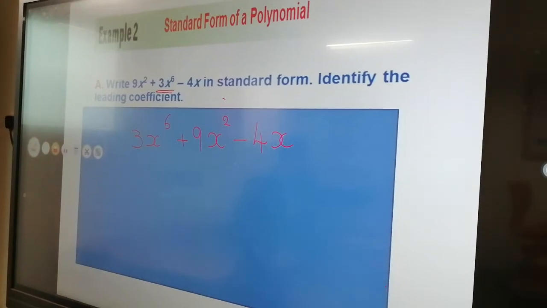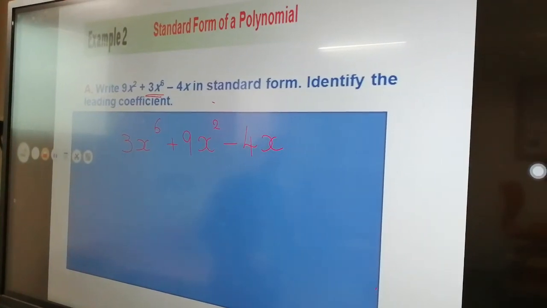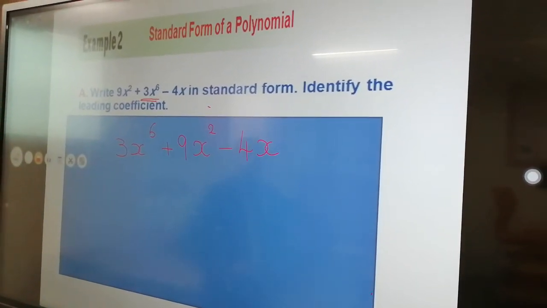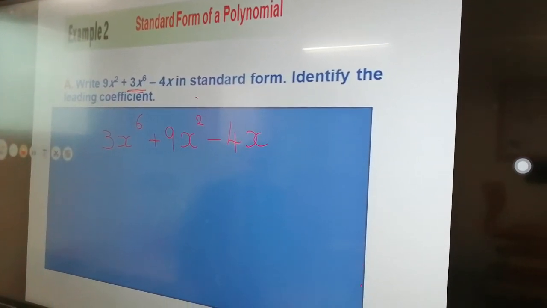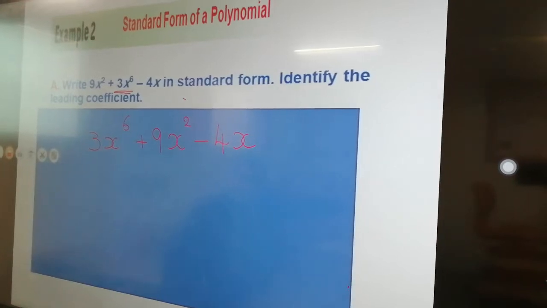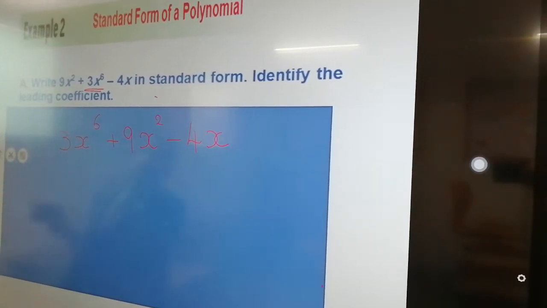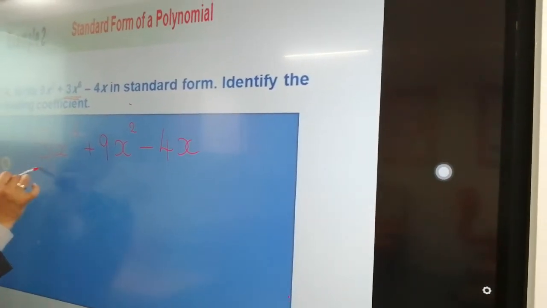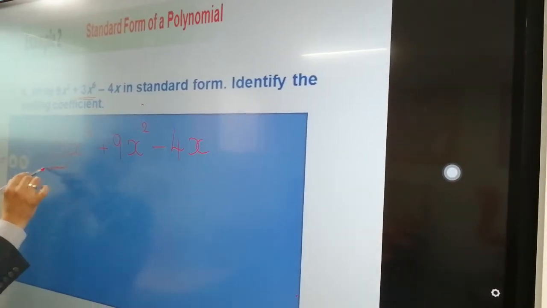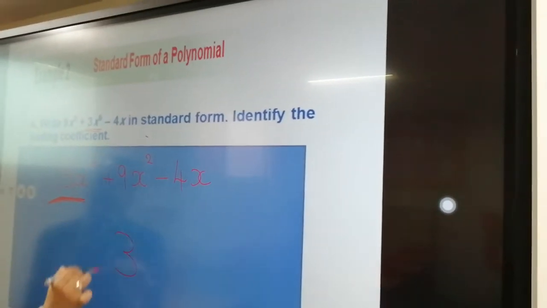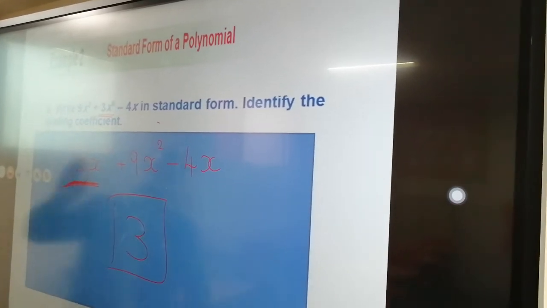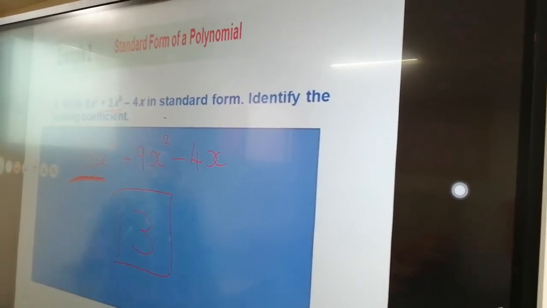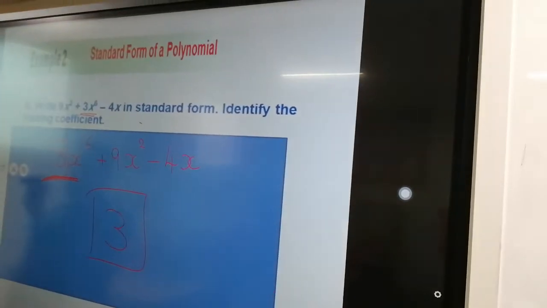The leading coefficient is the coefficient of the first term after ordering, which is 3. So the leading coefficient here is 3. So this is example number 2, which is talking about the standard form and the leading coefficient.